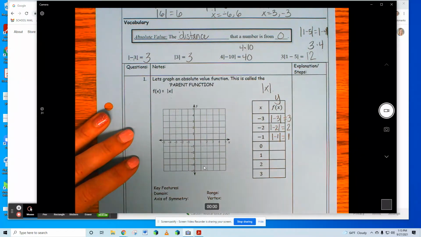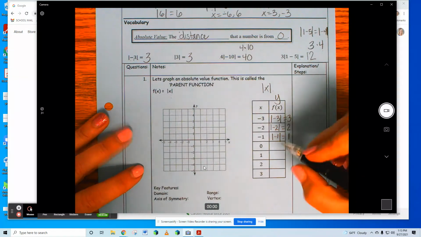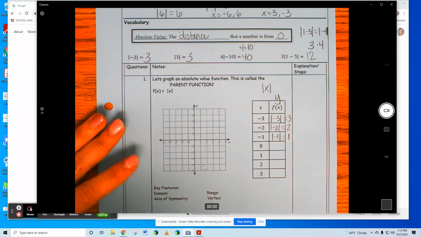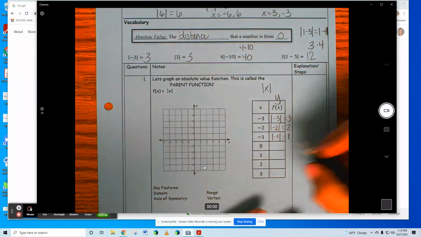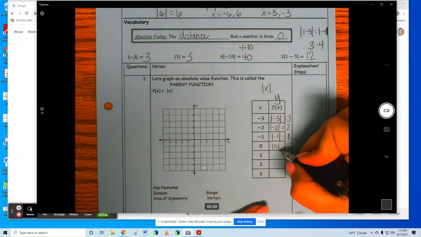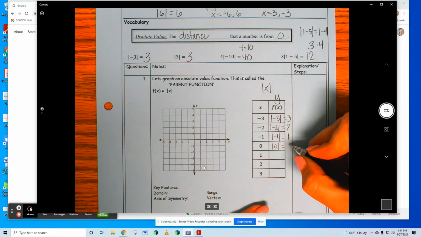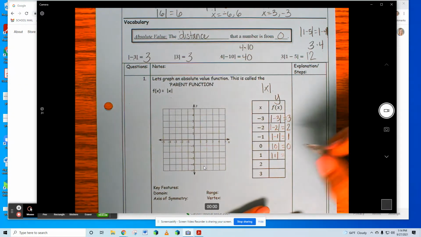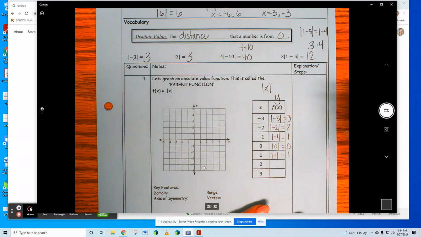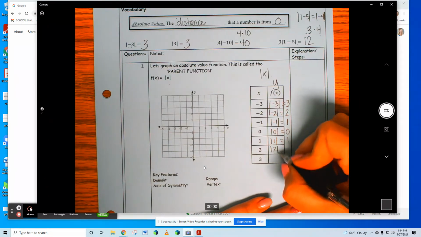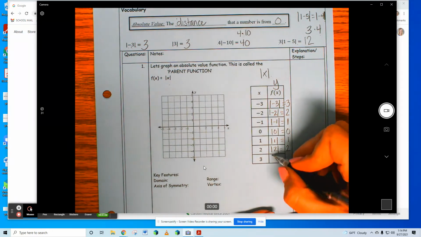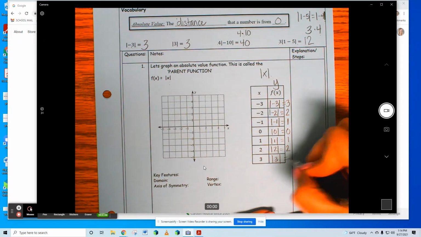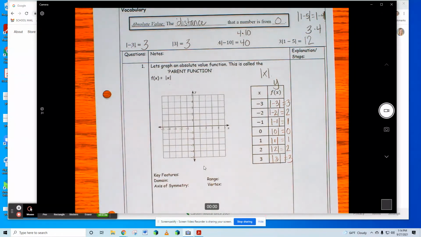Okay. So it's just the positive version. Absolute value of 0, someone new. Just 0. Absolute value of 1. 1. Absolute value of 2. 2. Absolute value of 3. How far away from 0 is the number?